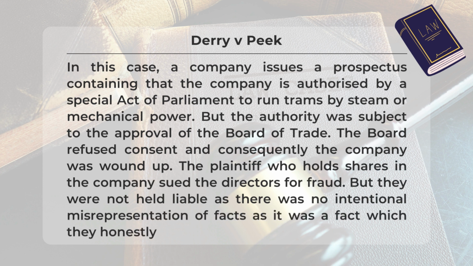The plaintiff purchased shares on the information that the company runs by steam or mechanical power, and those shares were taken up. But the directors were not held liable, as there was no intentional misrepresentation of the facts. The Board of Trade declined and the company wound up, so the company didn't get time to inform the prospective investors regarding the same.